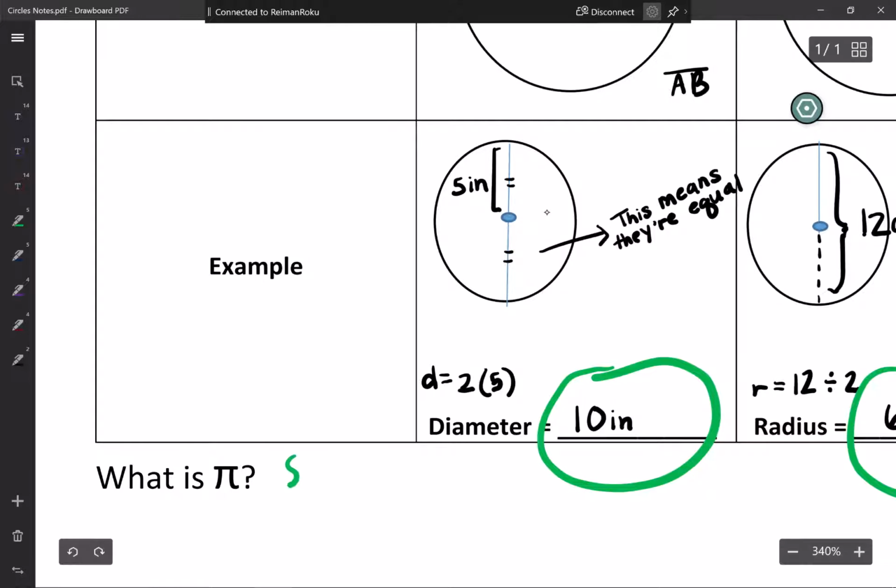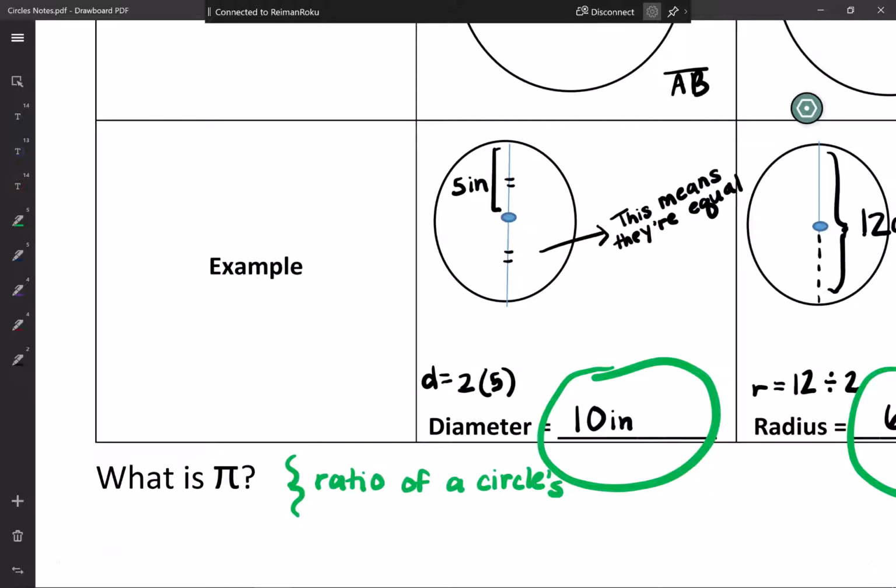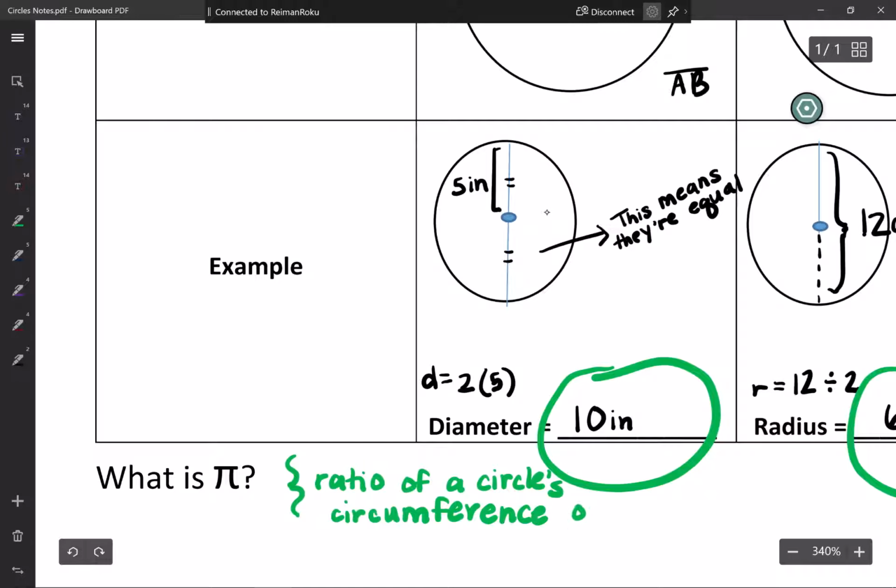All it is, is a ratio of a circle's circumference to its diameter.